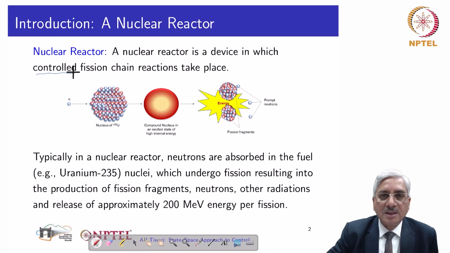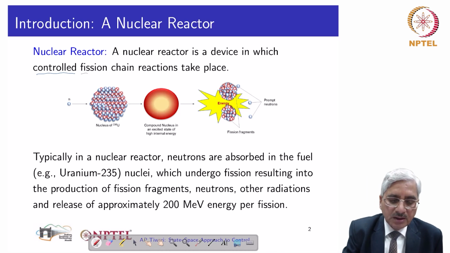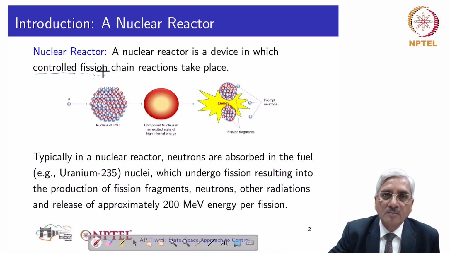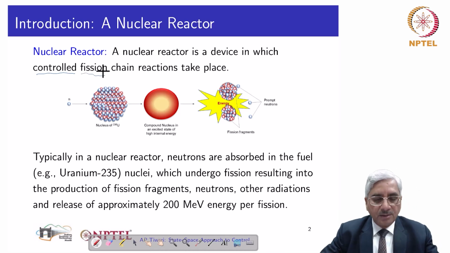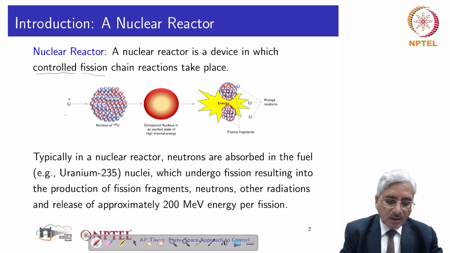One is fission and the other is fusion. Most of the nuclear reactors operational today are fission reactors. In a nuclear reactor, the fission reaction chain is established and thereafter maintained so as to produce constant flux. This is what happens.